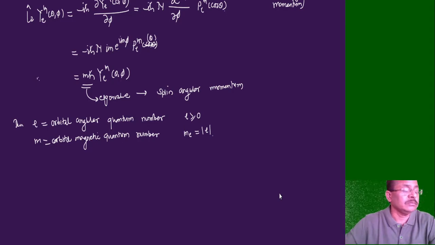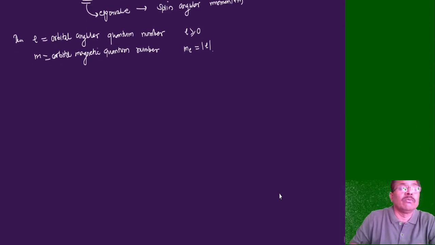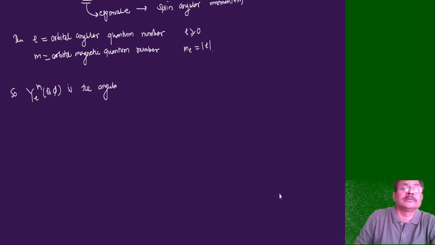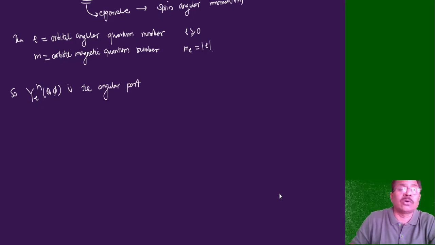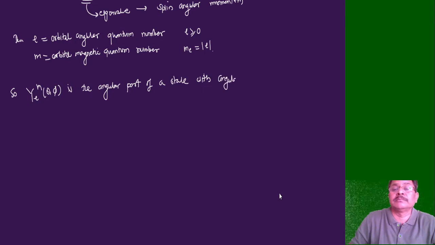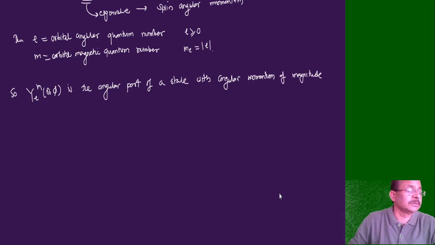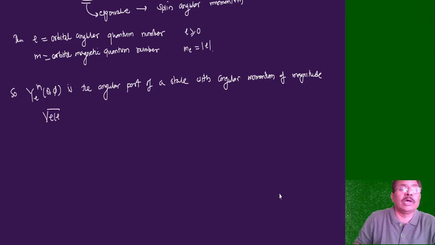So we'll write the last statement here. This Y_lm(theta, phi) is the angular part of a state with angular momentum of magnitude given by the square root of l(l+1) times h-cross, quantum mechanically, and its z component is simply m times h-cross.